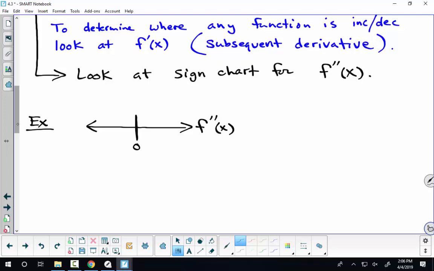Let's just say that, and we've tested this. On the left, we know that the second derivative is positive, and on the right, the second derivative is negative. All right, so if we know that information, what do we know about the first derivative?